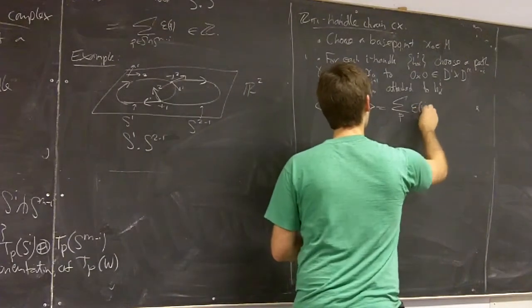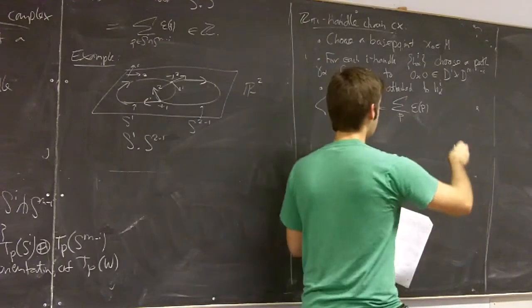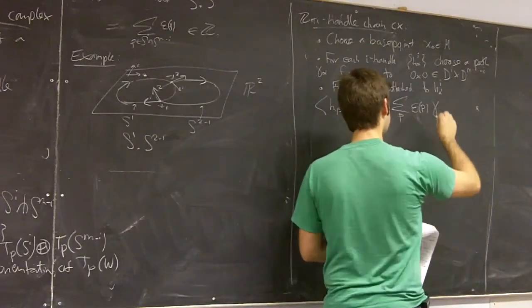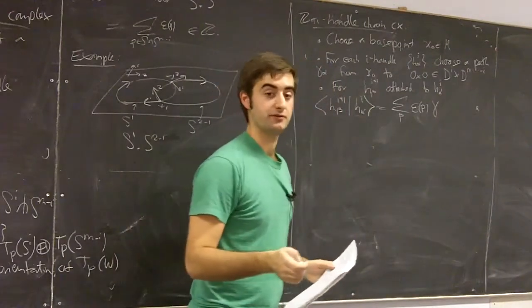And we sum with the signs we defined over here. But importantly, we're using these threadings to give us an element of pi 1.